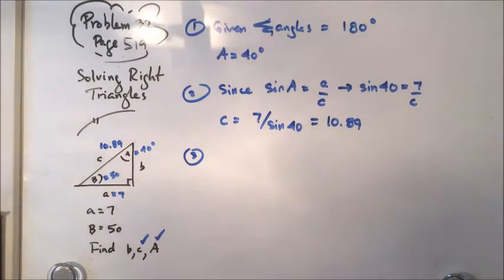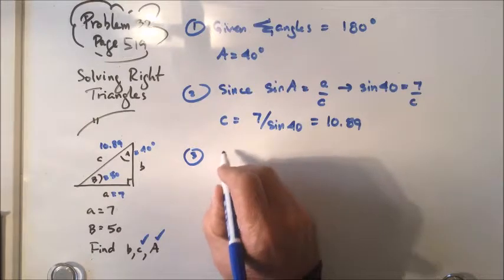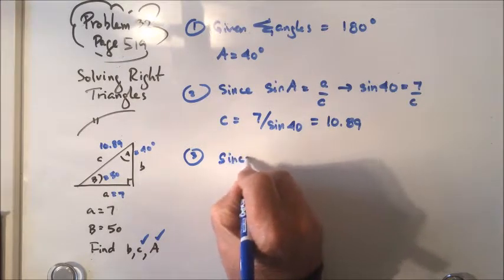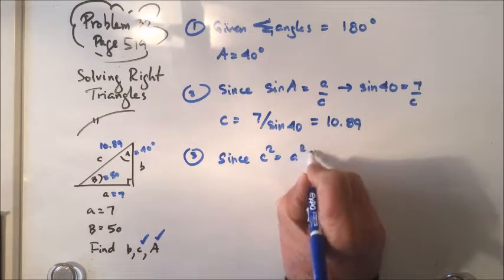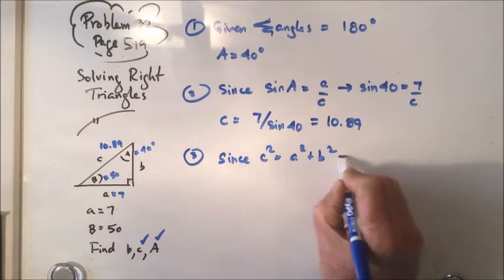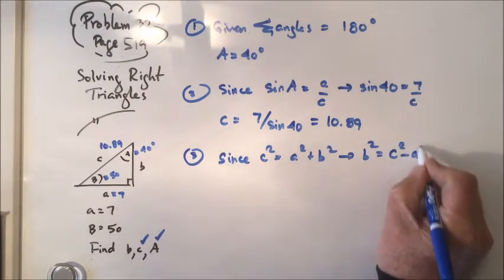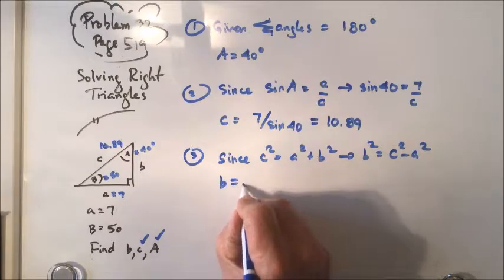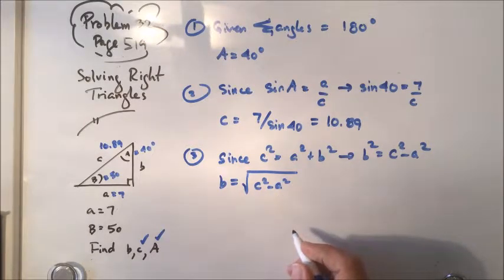A couple of ways we could go with b. We could do that same thing with the sine. Let's do both. Let's start by using the Pythagorean theorem. Since c squared is equal to a squared plus b squared, b squared is equal to c squared minus a squared. And if I want to find b, it's just equal to the square root of c squared minus a squared. Do I know all those things?